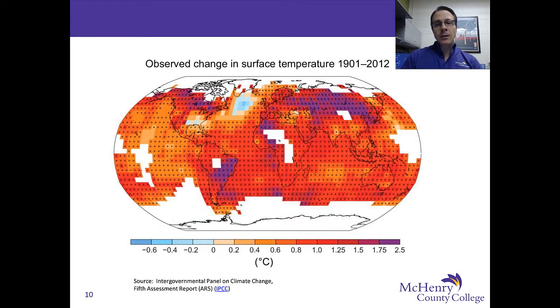As we look in the projection, we see that land surfaces, both in North and South America, as well as in Asia and in parts of Africa, have significantly warmer temperatures than other places. And we have that being illustrated with this purple color.